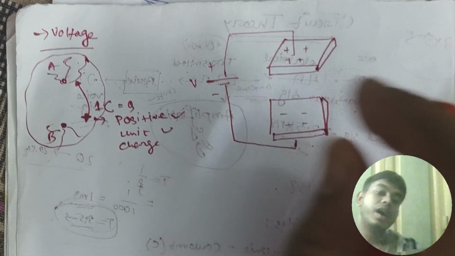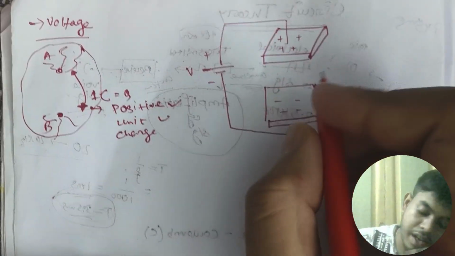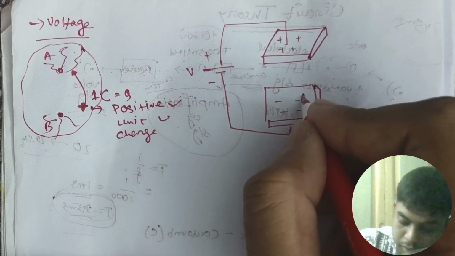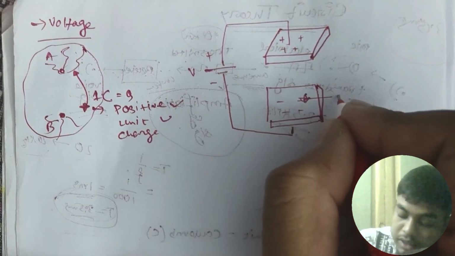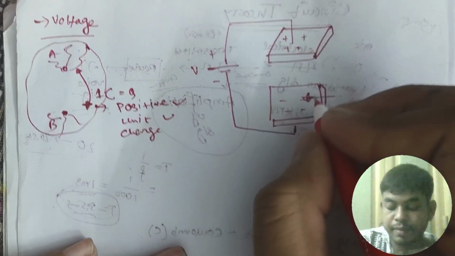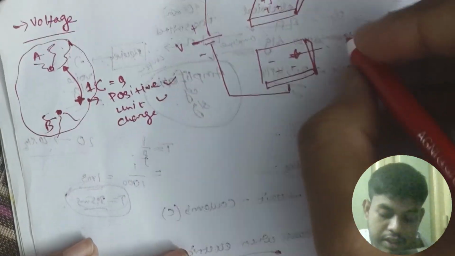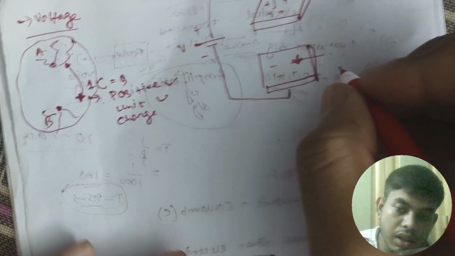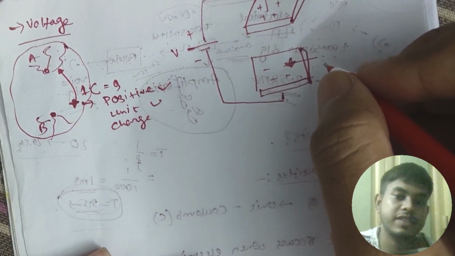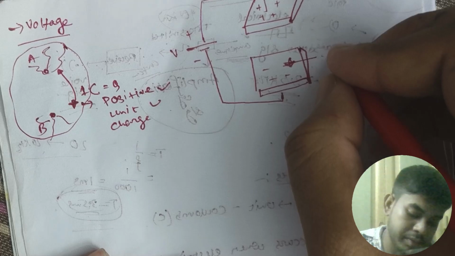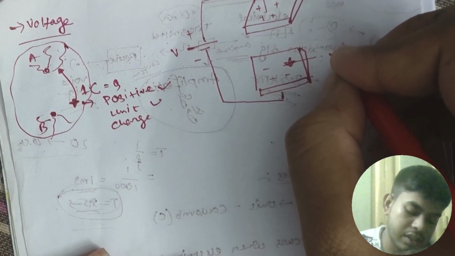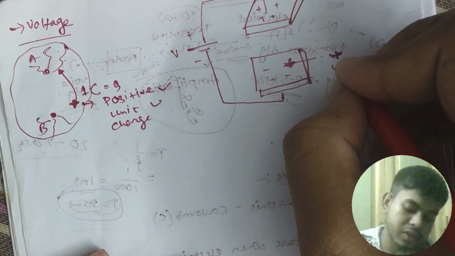Now let us assume that I have kept 1 coulomb of charge. What are the requirements of the charge? It should be positive and it should be unit.